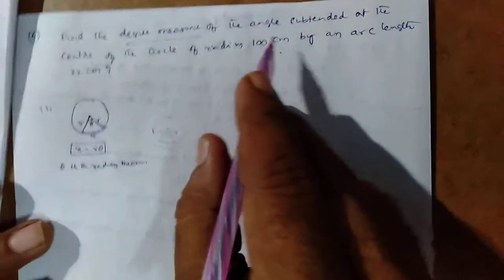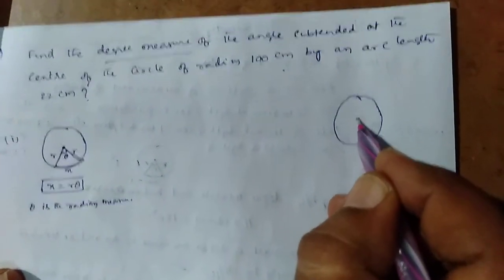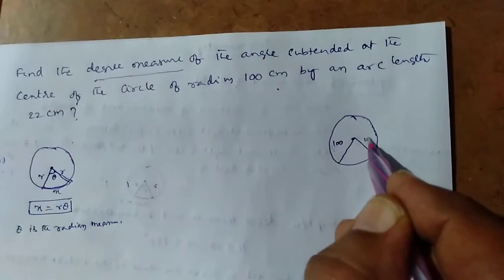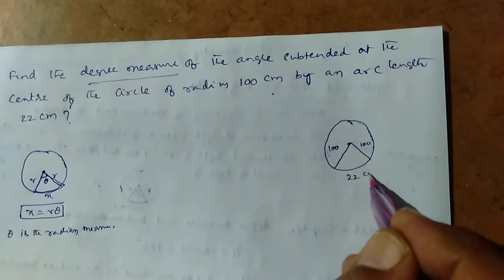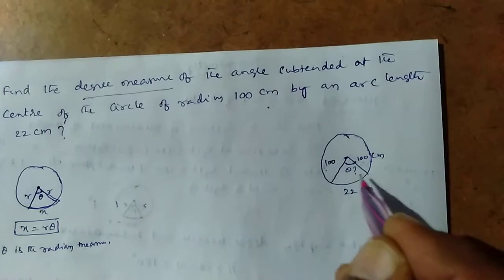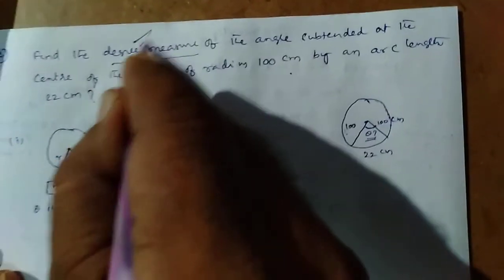So here, given the angle subtended at the center of the circle, the radius is 100 centimeters. So given radius is 100 centimeters, this is 100, this is 100, by an arc length 22 centimeters. This is also given, 22 centimeters. We have to find this in radian measure first, then we go for the degree measure.